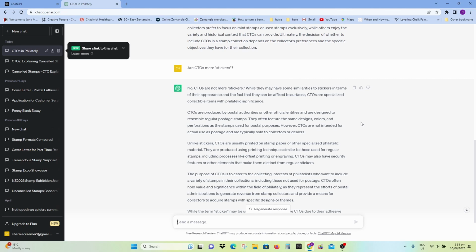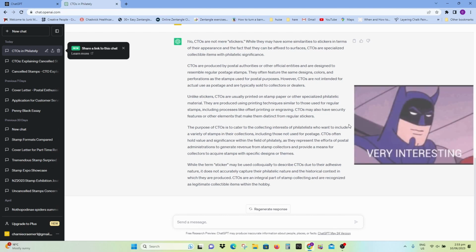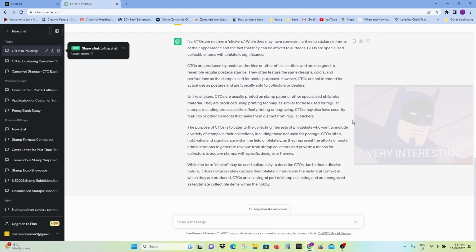However, CTOs are not intended for actual use as postage and are typically sold to collectors or dealers. Unlike stickers, CTOs are usually printed on stamp paper or other specialized philatelic material. They are produced using printing techniques similar to those used for regular stamps, including processes like offset printing or engraving. CTOs may also have security features or other elements that make them distinct from regular stickers.